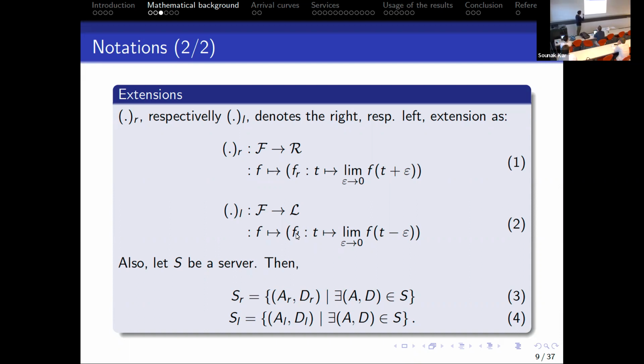It depends on the left or right extension. I can extend this notion of extension to the server, and I will say that a right server extension of the server is the right extension of the flow, such that this flow exists in the original server, and reciprocally with the left extension. So that's the notations.